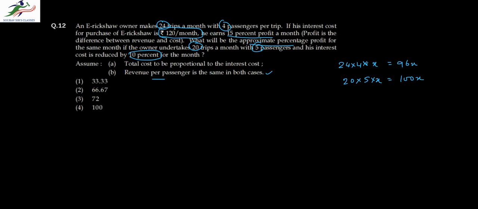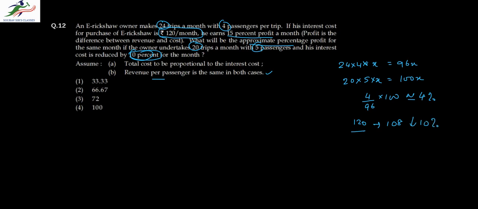So he has an increase of 4 over 96 into 100, which is a little more than 4%, roughly 4%. And his interest cost is reduced by 10%. That means if his interest cost was 120, it becomes 108.